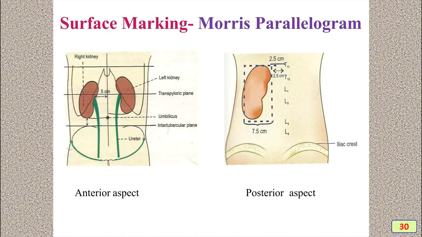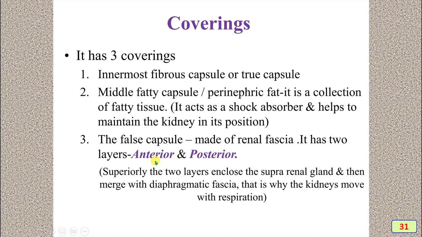Here you can see that the iliac crests are present, along with the anterior and posterior aspects. Usually it is 7.5 centimeters wide, and in the upper part it is 2.5 centimeters.